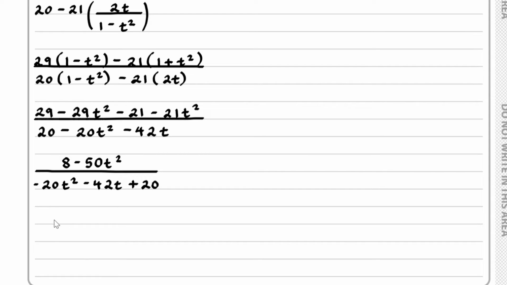Now from the top and bottom we can factorize out a negative 2. So I've got negative 2 multiplied by 25t squared subtract 4, over negative 2 multiplied by 10t squared plus 21t subtract 10.